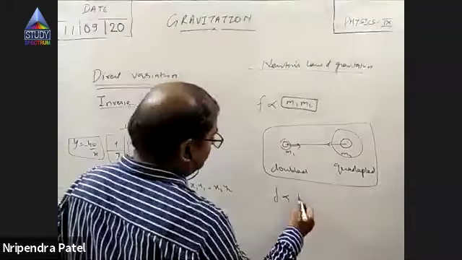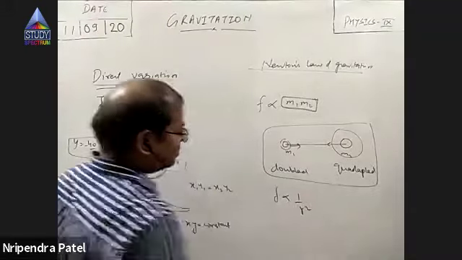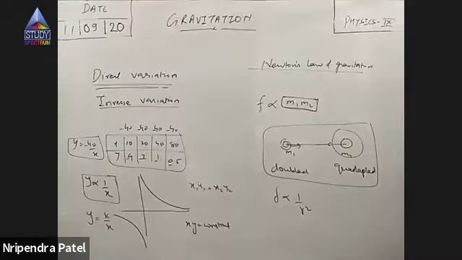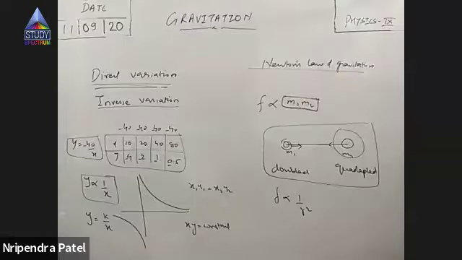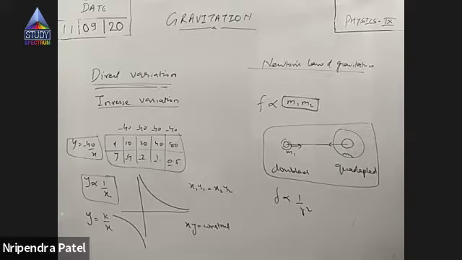Then he derived a relation: F is inversely proportional to R square. So keeping the masses the same, if the distance between them is doubled, what will happen to the force of attraction? So it would be half. 1/4.